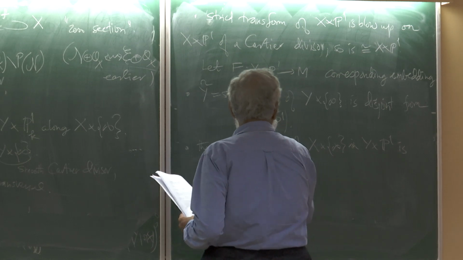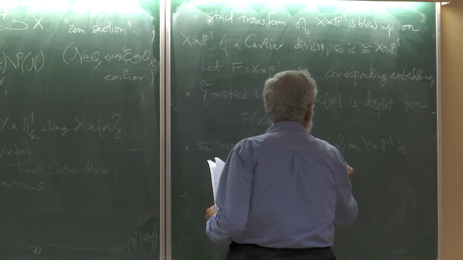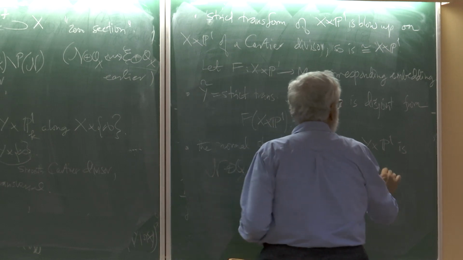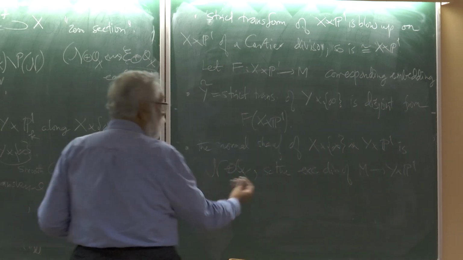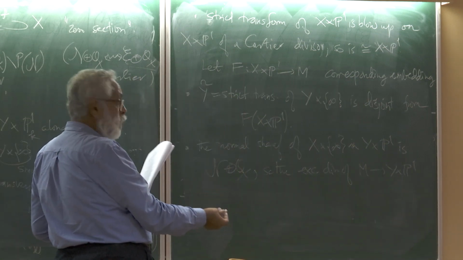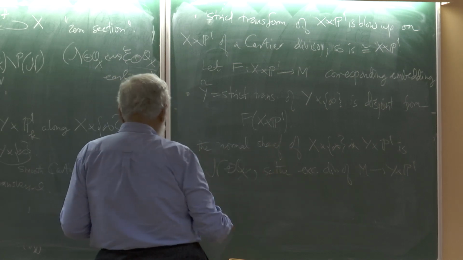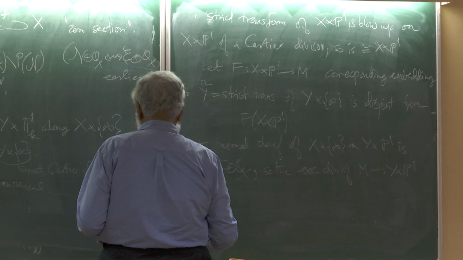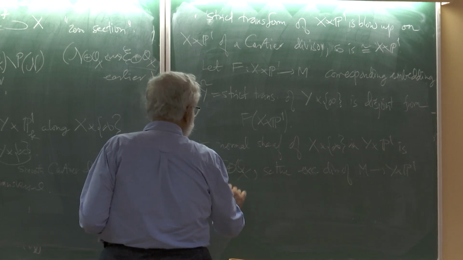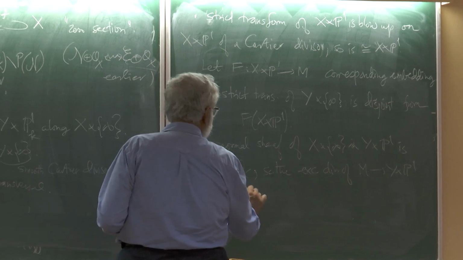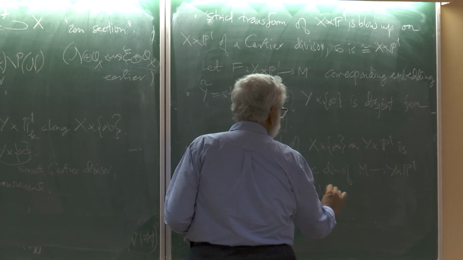So the exceptional divisor of M to Y cross P1, the blow-up which I started with, I blew up along some smooth locus. So the exceptional divisor is the projective bundle of the normal bundle of that locus, so it is identified with P of N plus OX.